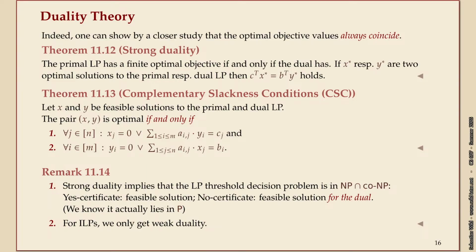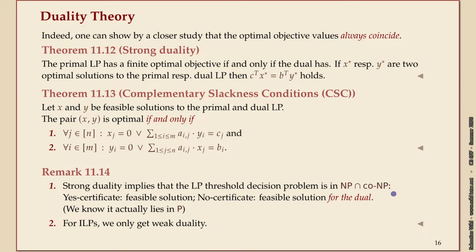If you want to take the complexity angle, you can say for LPs, not integer linear programs. All of this is just for LPs, right? Not for the integer linear programs. For normal LPs, the fact that you have strong duality means that you have a yes and a no certificate, primal and dual variables.